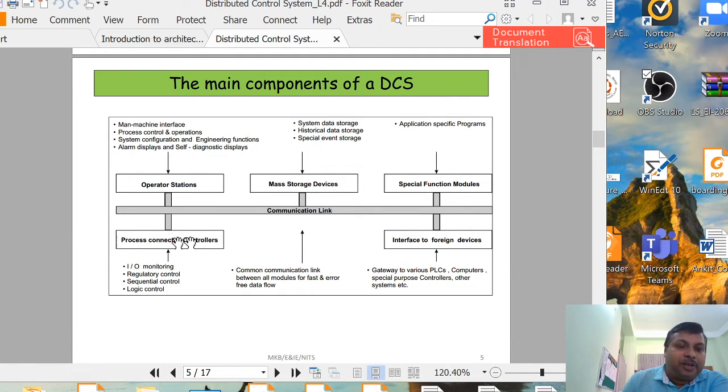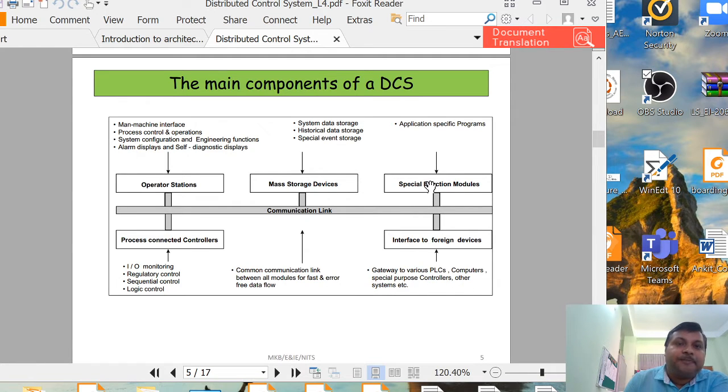Another very important module is the process connected controllers, used for input output monitoring, regulatory control, sequential control, and logic control, which may be the PLC. And the interface to foreign devices is used as a gateway to various PLCs, computers, special purpose controllers, other systems, etc.